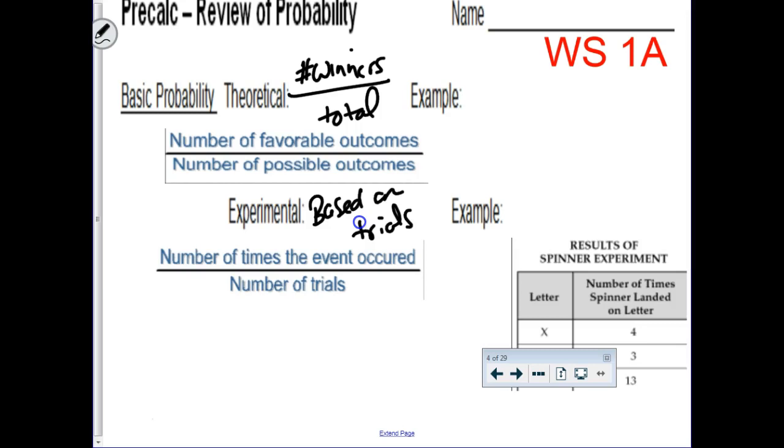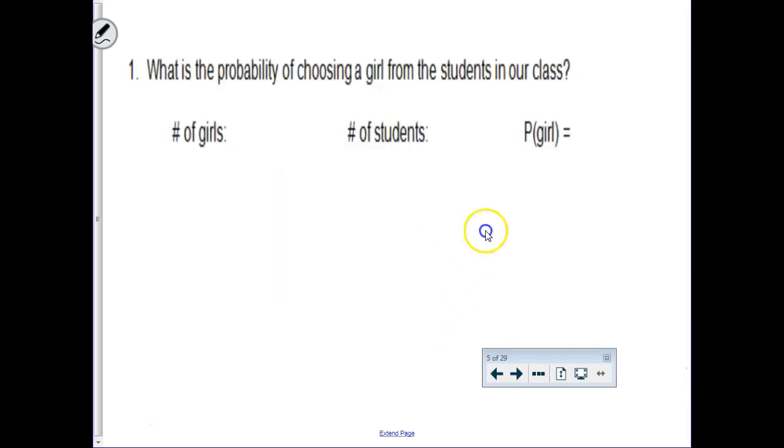Because if you flip a coin, what should be the outcome of landing on heads versus tails? Should be a 50-50 split. But of course, if you only toss the coin like 10 times, you might not get exactly 5 and 5 because that's not a large enough sample size. But if you flip that coin 10,000 times and you looked at the data, it would be really close to 50% and 50% for both of them. Unless, of course, you have a weird coin that's weighted on one side or something.